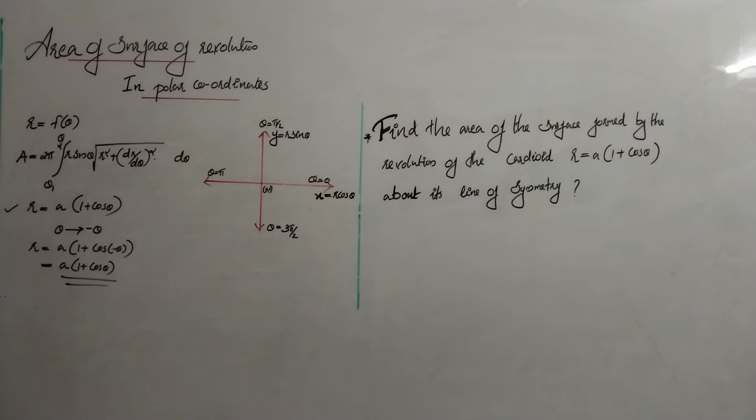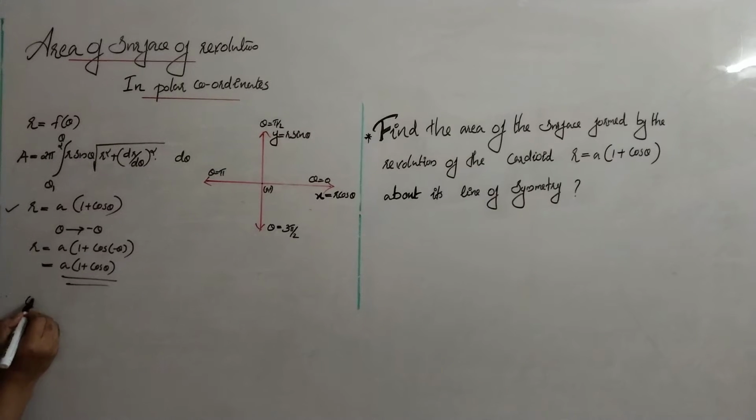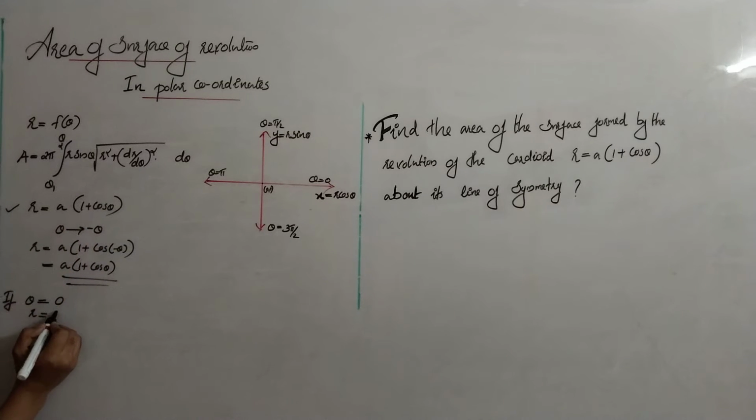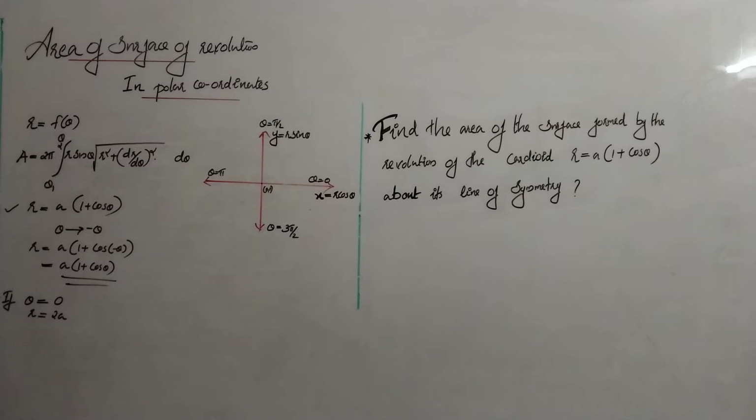Now to plot the curve, just take some values for theta. If theta is equal to 0, what is the value of r? r is equal to a into 1 plus cos 0. Cos 0 is 1, then r is 2a.